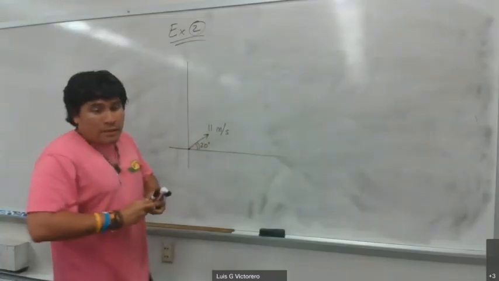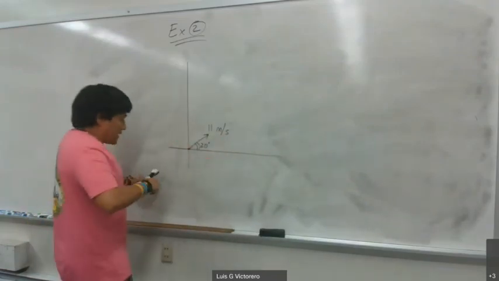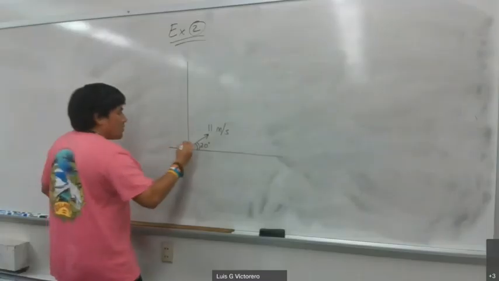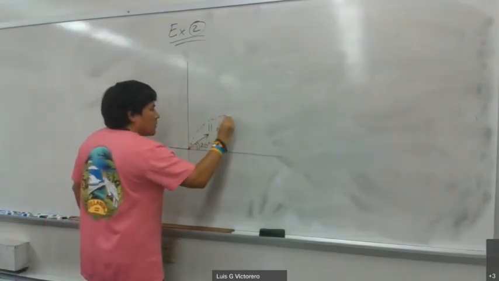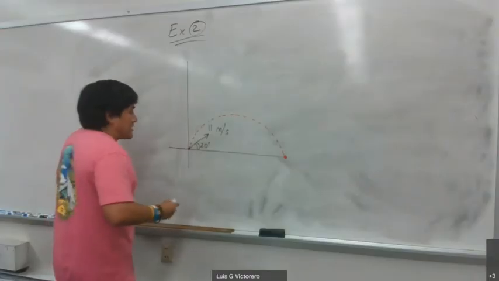They ask you for several things. First of all, they ask you how far he reached horizontally. So we know this is going to be like that. They want you to find X.